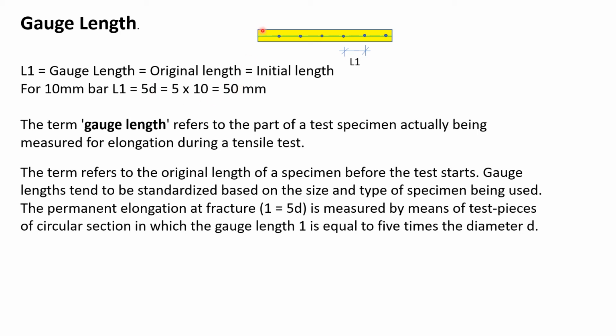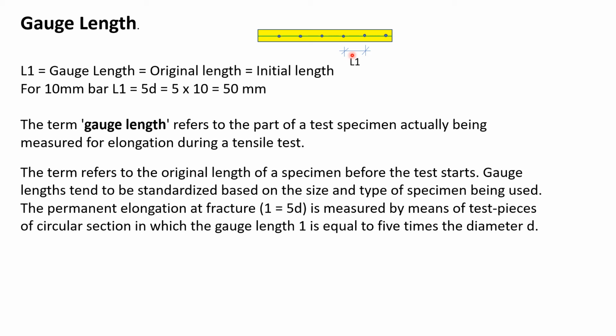So if this bar is of 10 mm diameter, then at 50 mm such markings are done. So this length L1 is 50 mm. For the full length of the bar at 50 mm we do a marking, we do a punch here, and then the bar is fixed in the UTM for the tensile test.